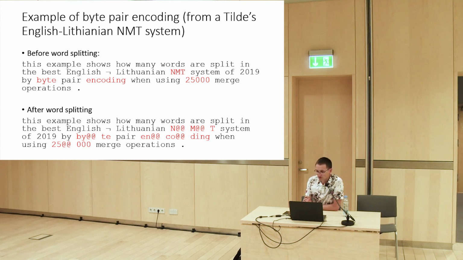So in this example, the words that were split were NMT, an acronym, byte, probably a rare word in the dataset, encoding, and 25,000, because numbers are rare in data, except for years, which are very common.